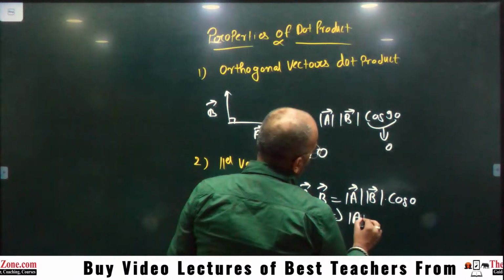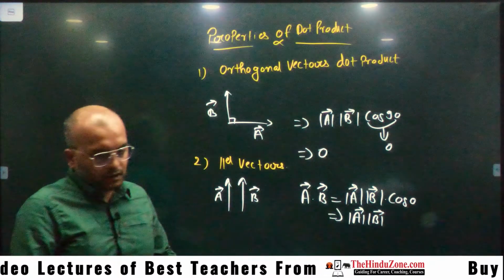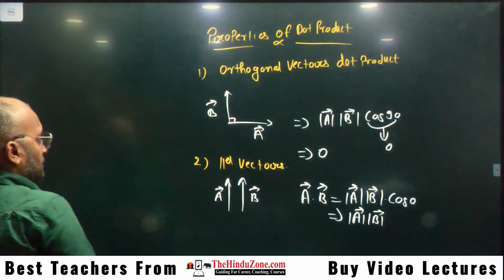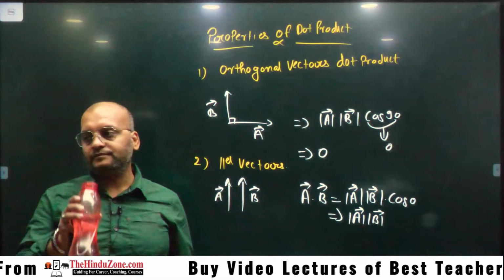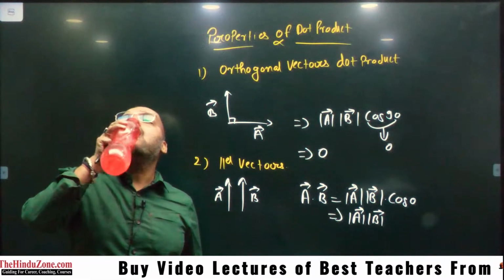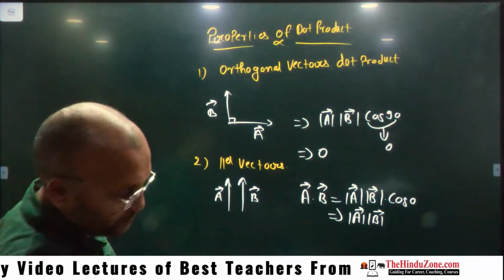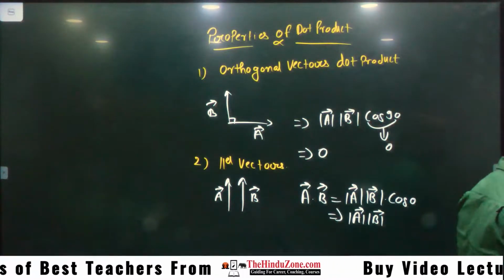That will be AB. Multiply their magnitudes. Done?